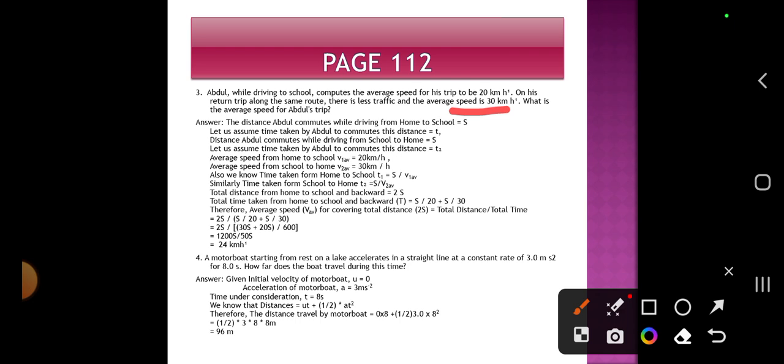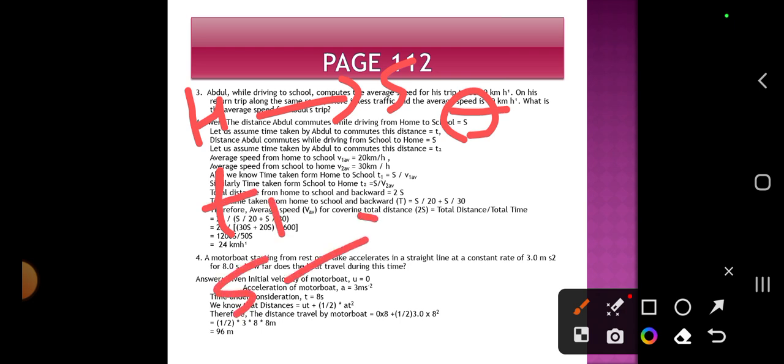Let's check. See here, we know the distance Abdul covers while driving from home to school. Suppose we take it as S, and the time taken for this will be T1.